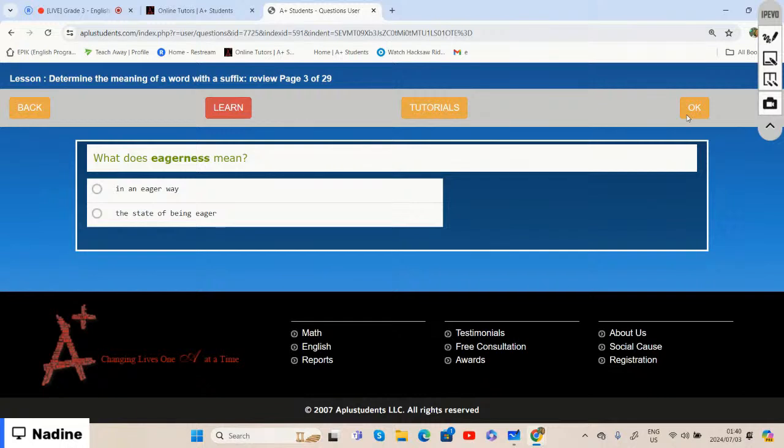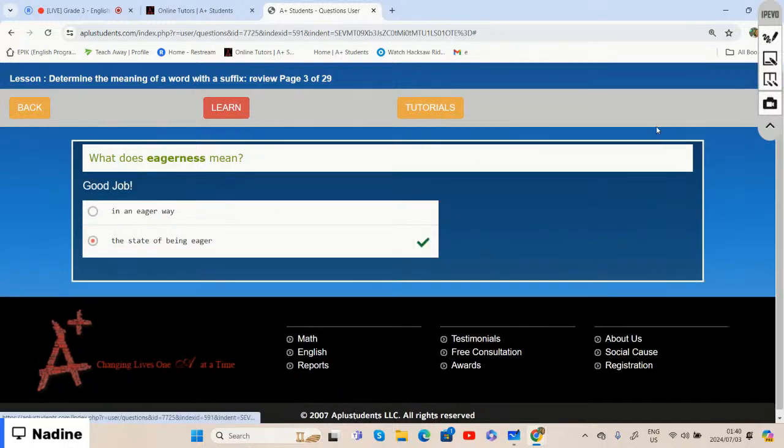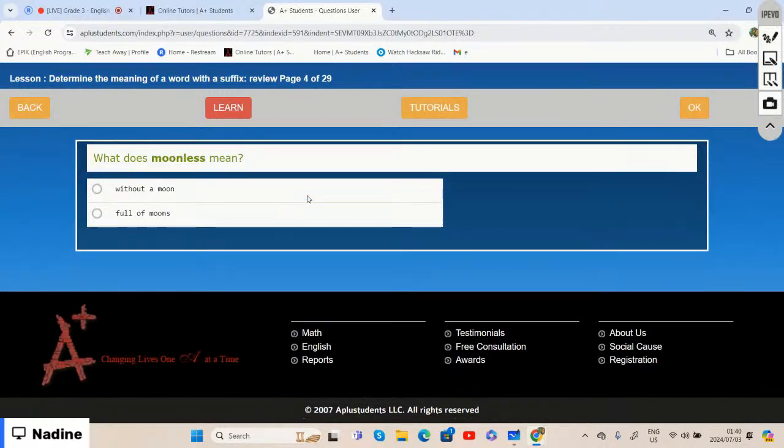All right. So eagerness means the state of being eager, and that is option two. So well done. So once again, look at the suffix, right? The word that is added at the end of our base word, and that will basically tell us what the meaning of the word is.